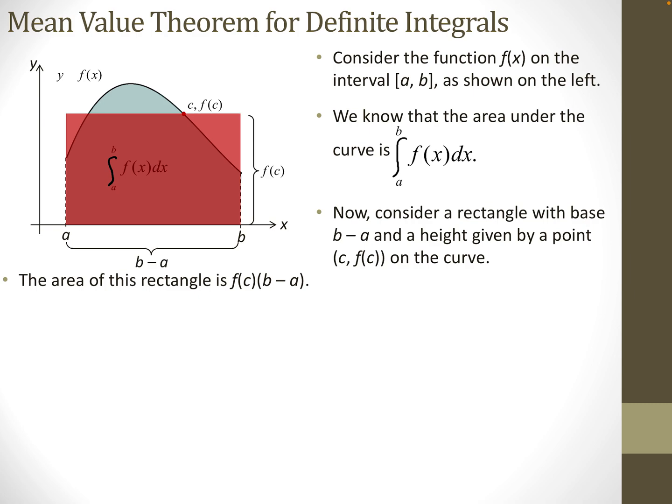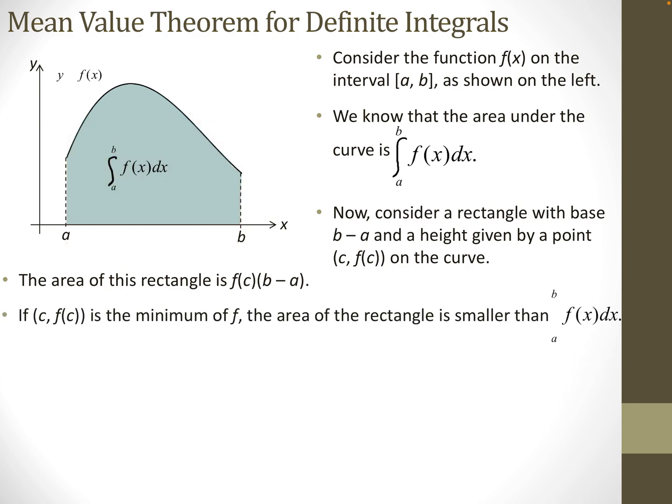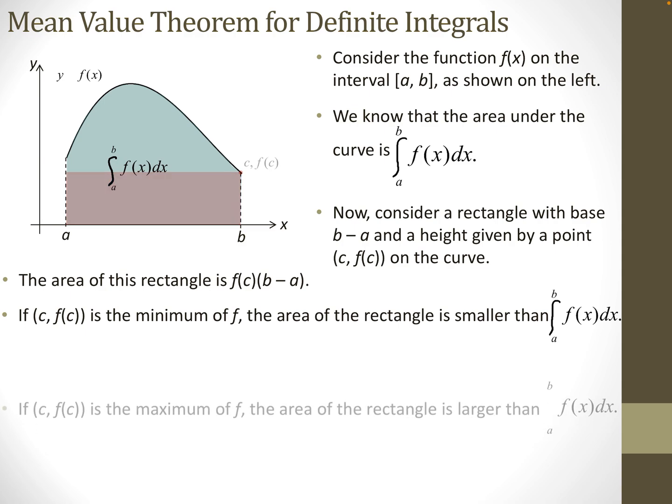Okay, so you're unimpressed at this point about what's happening, but we're just setting up for something here. Now, if that c value that we use is actually the minimum of the function on that section, the area will be smaller than the area we're looking for. Again, you're unimpressed. You're saying, well, of course, if you use the minimum y value, you're going to get a lower area than what we're looking for.